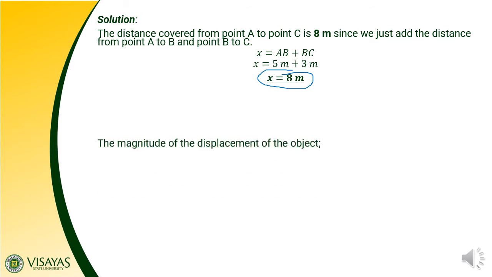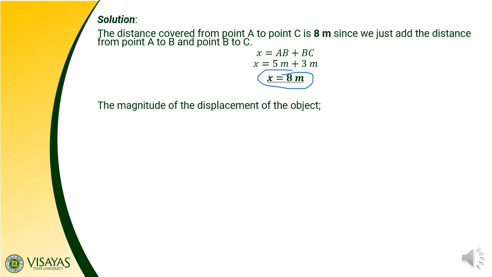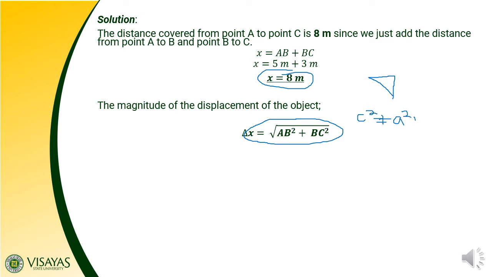Next, the magnitude of the displacement of the object can be computed through this equation. Change in x is equal to square root of AB squared plus BC squared. Since the problem earlier formed a right triangle, we'll be using the Pythagorean theorem, which is C squared is equal to A squared plus B squared.